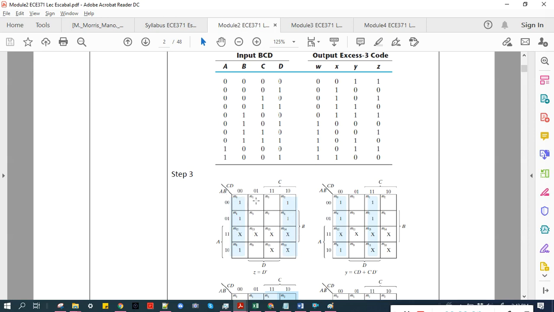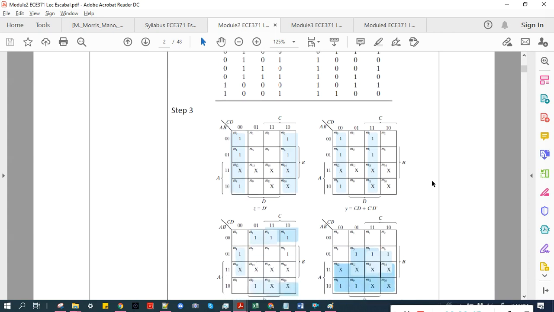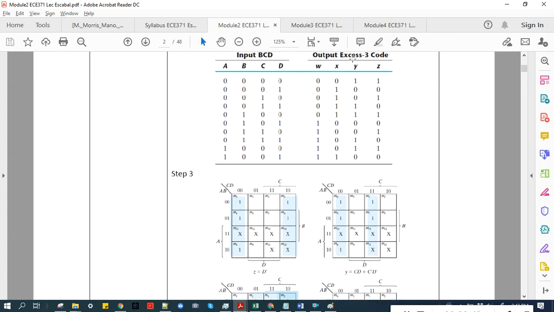A, B, C, D, write down the corresponding minterm boxes 0, 1, 2, 3, 4, 5, 6, 7, 8, 9, 10, 11, 12, 13, 14, 15. Recall the ordering of the minterms in using the 16-bit K-map. Then we need 4 K-maps because we have 4 outputs. For each output, we need a K-map.